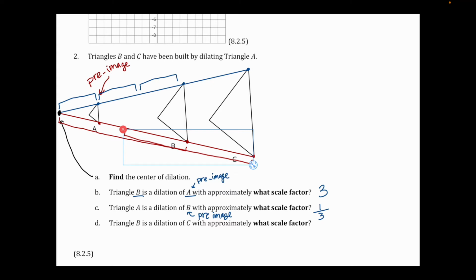So if B, oh, I'm sorry, I started rationalizing this in my head before I even really looked at the order of this. This means that C is our pre-image. So we're really looking at, and sorry about that, C is our pre-image, which means that's our original.